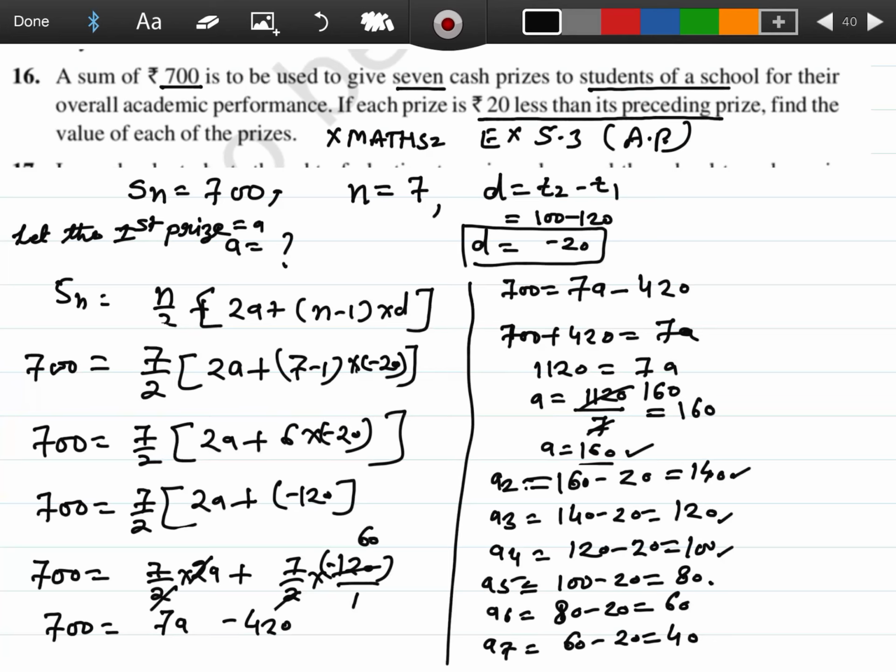So the first prize will be 160, second prize will be 140, third prize will be 120, fourth prize 100, fifth prize 80, sixth prize 60, and seventh prize is 40.